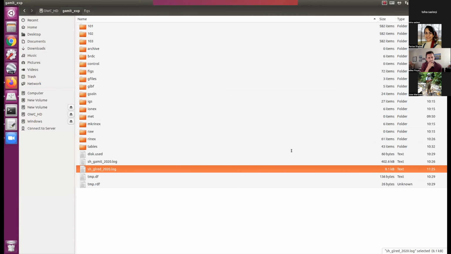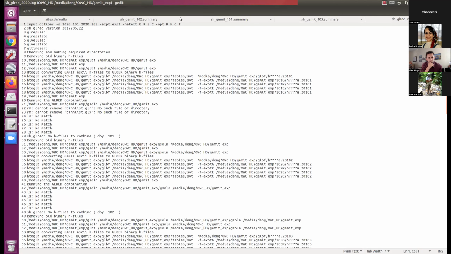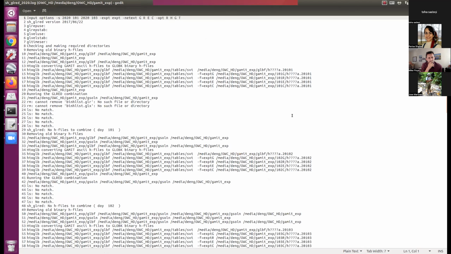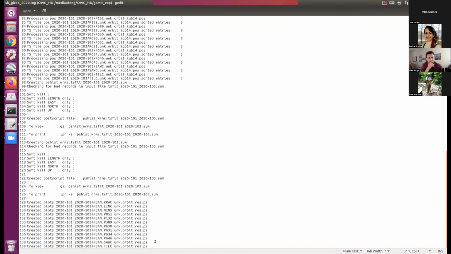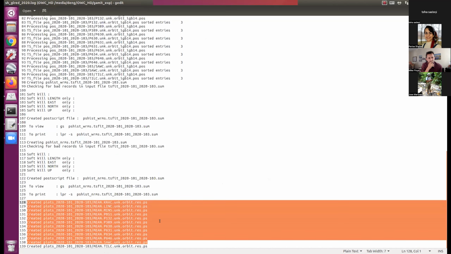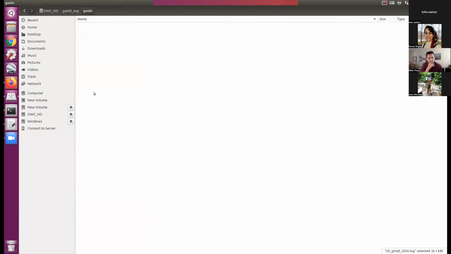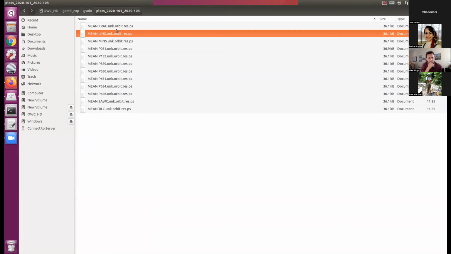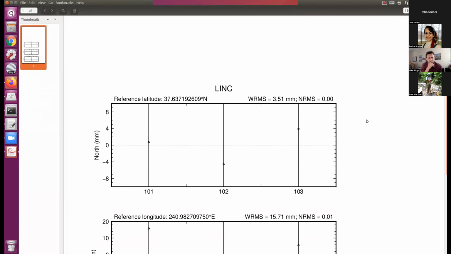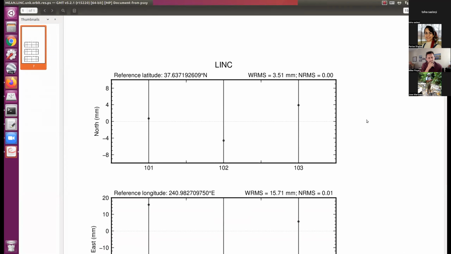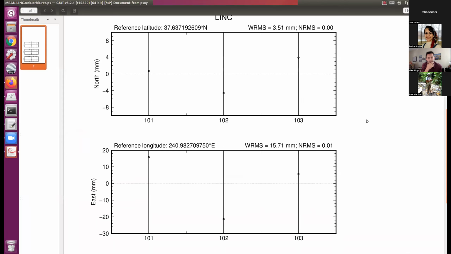I ran it, and there is no error, and it makes the plots. But when I look at the plots, for instance this one, it doesn't show bars, it doesn't show any significant results. I don't know what the problem is.